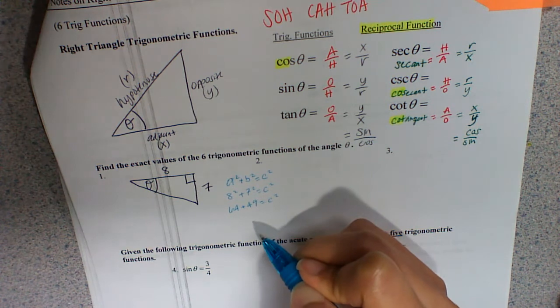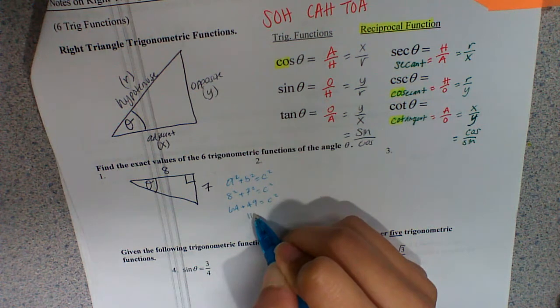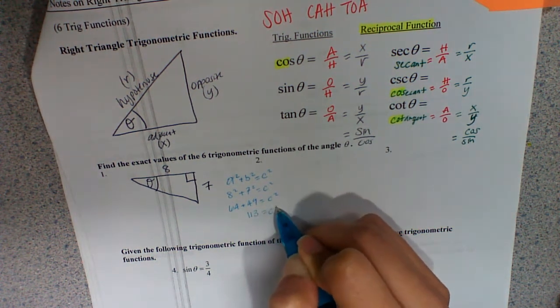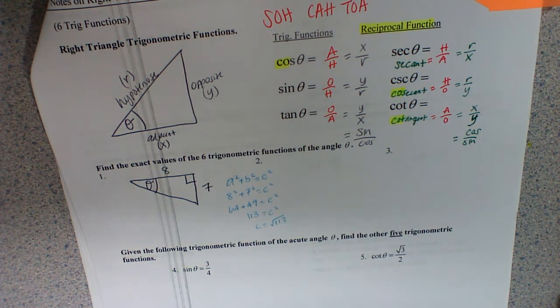And go ahead and pause the video real quick and find c out for yourself. So you should find that c is the square root of 113, and you could find the decimal of that.